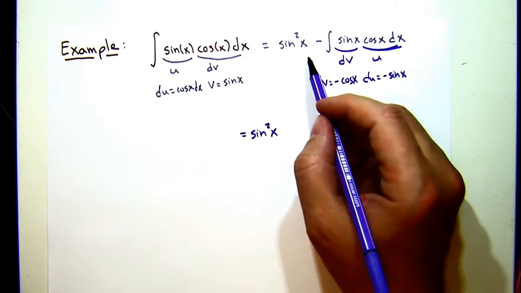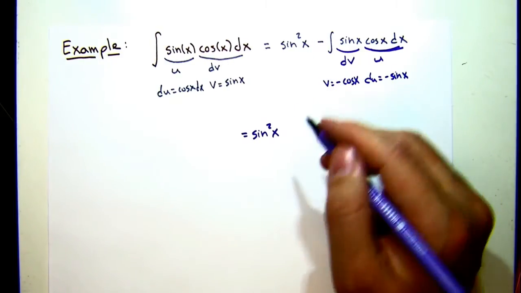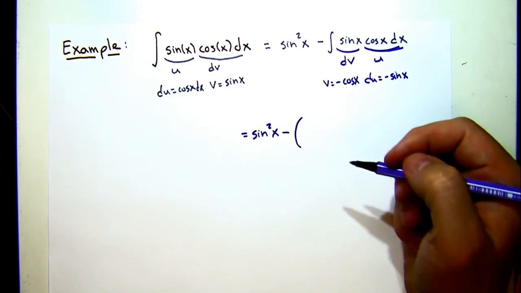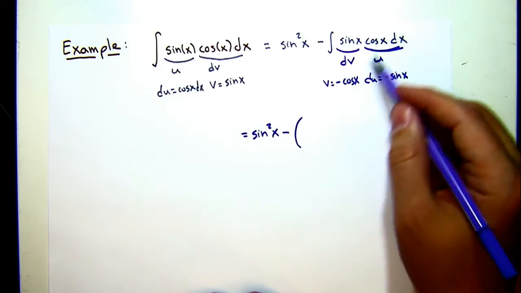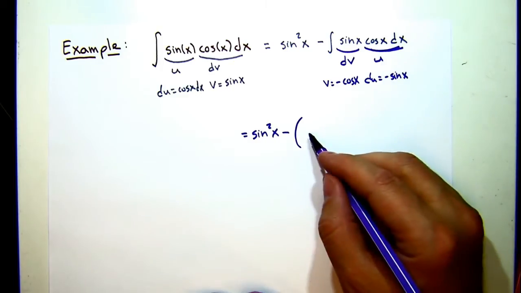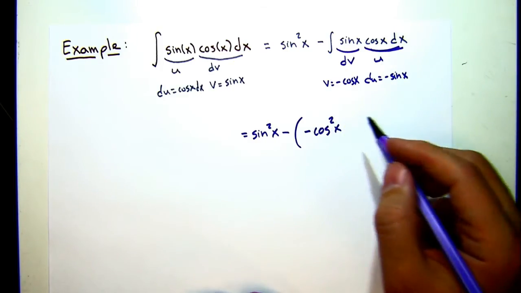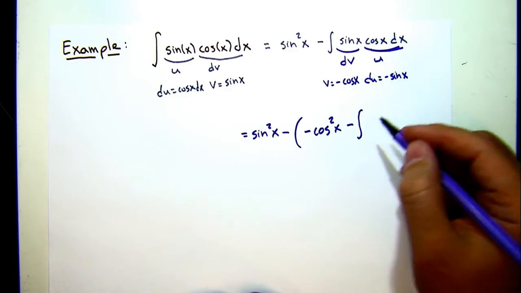This is the part where people oftentimes make mistakes: when you apply integration by parts multiple times, you have to remember that minus. So sine squared x minus. Okay, I'm going to put parentheses there so I don't get confused. I'm going to have u times v. So that's minus cosine x times cosine x, which is minus cosine squared x.